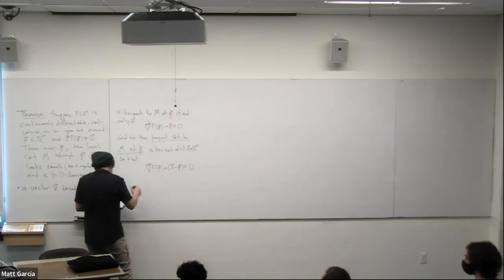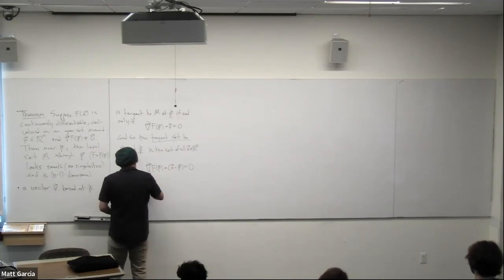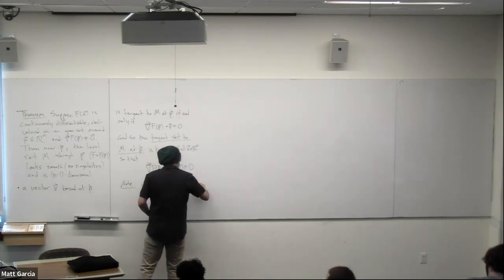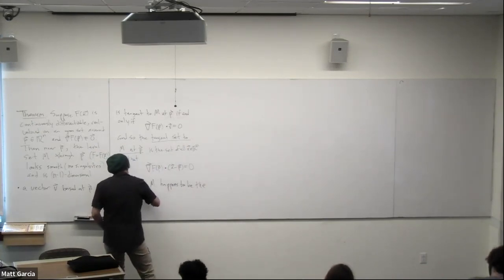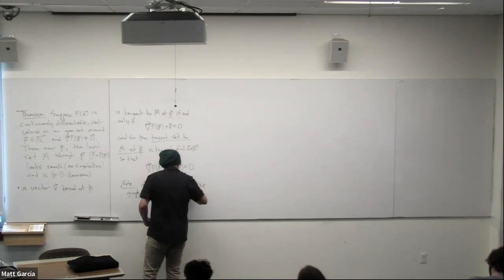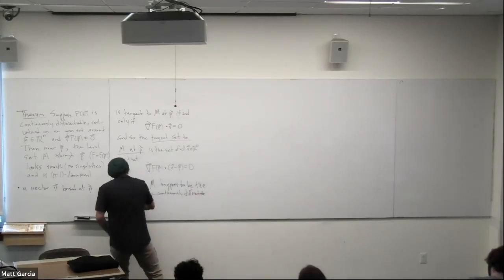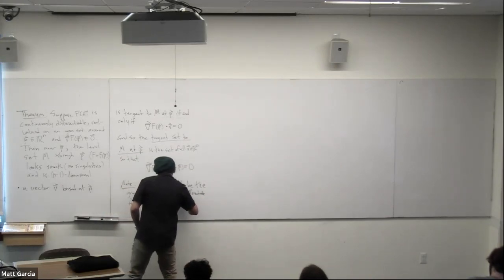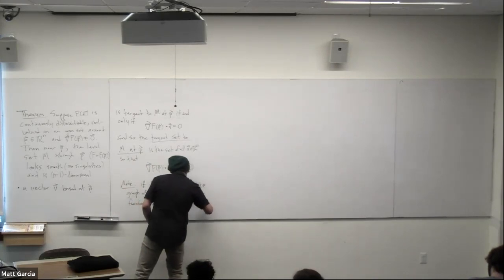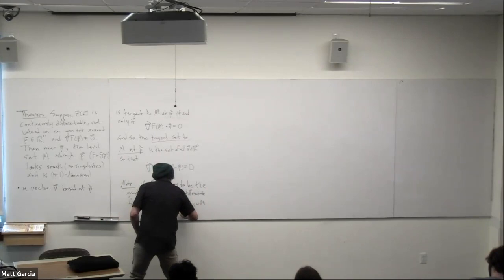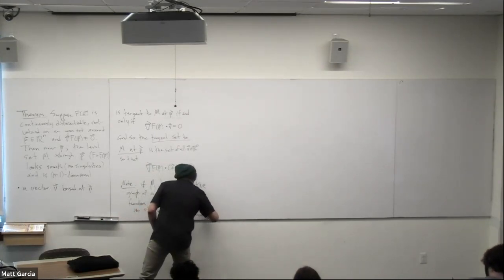All right. So to wit, note if m just so happens to be the graph of a continuously differentiable function, then this coincides with the old definition of tangent set.